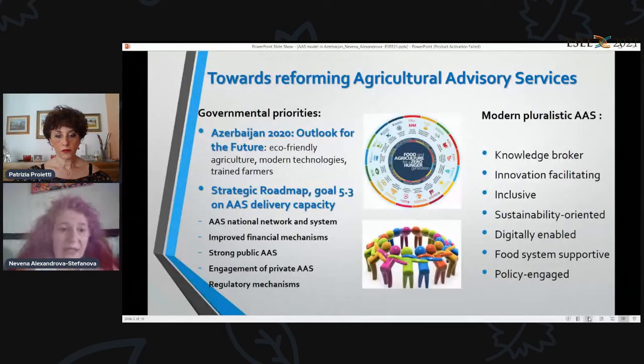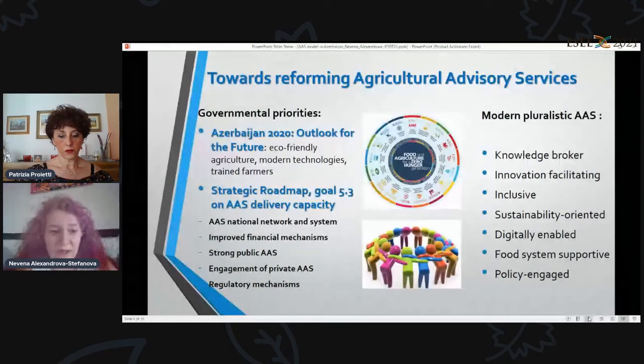The government has certain policies like the Azerbaijan 2020 outlook for the future, where they are targeting eco-friendly agriculture, modern technologies, and trained farmers. Obviously, this can be achieved only with strong agricultural advisory services and capacity. They have a specific goal, point 5.3 on their strategic roadmap, that is targeting agricultural advisory services as a network and system.